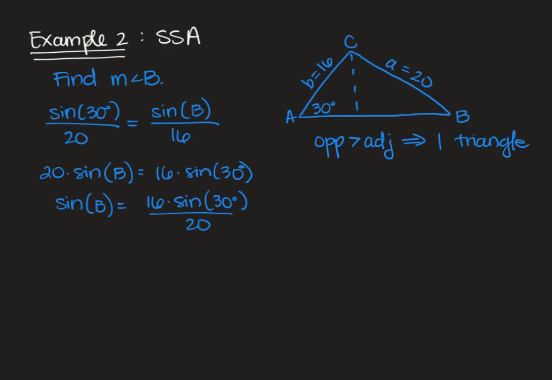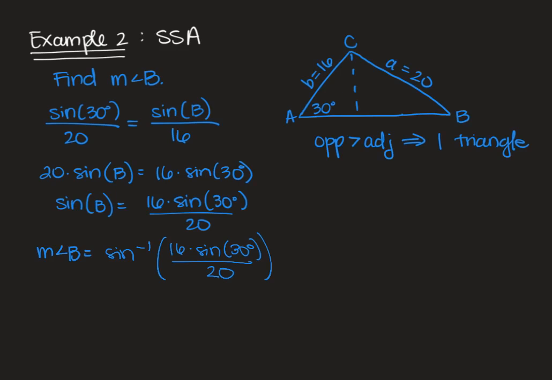And so again, we are going to take sine inverse of both sides to solve for the measurement of angle B. And so that's equal to sine inverse of 16 times sine of 30 degrees all over 20.